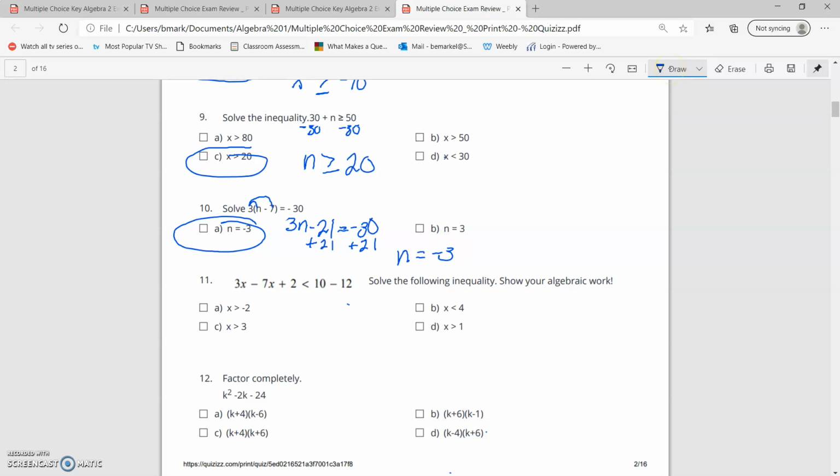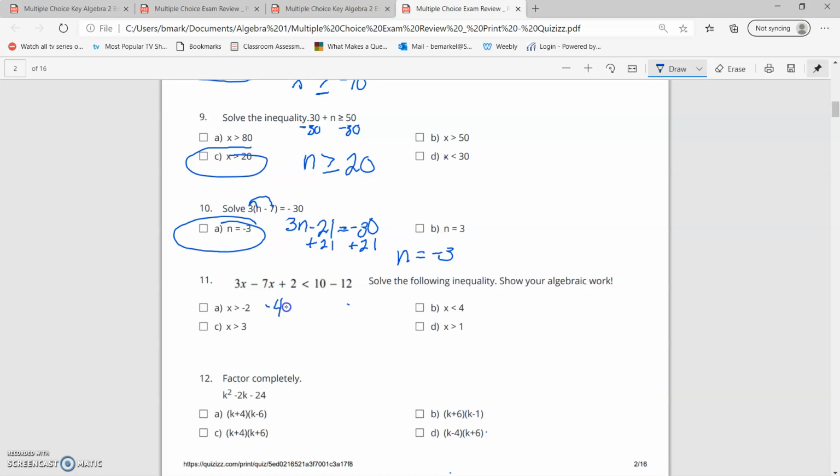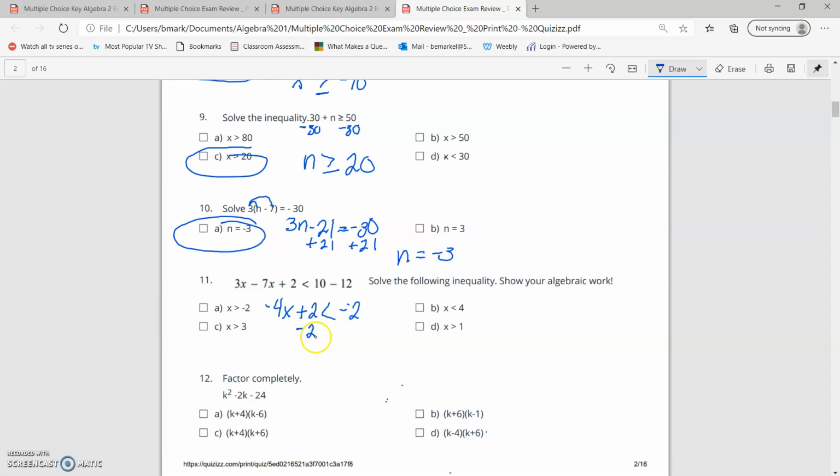I wanted to solve this inequality. First thing I want to do, combine like terms. So 3x minus 7x gives me negative 4x plus 2 is less than, and then 10 minus 12 gives me negative 2. Now I move my 2 over, it's being added, so I subtract 2.